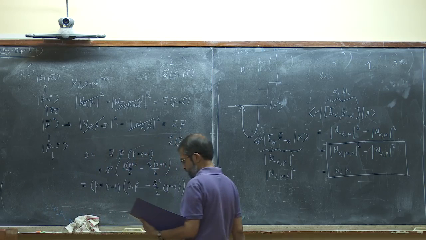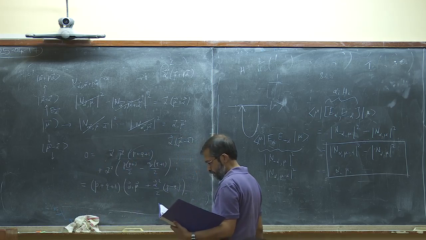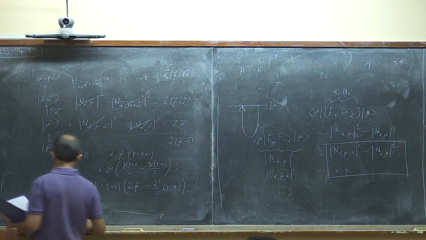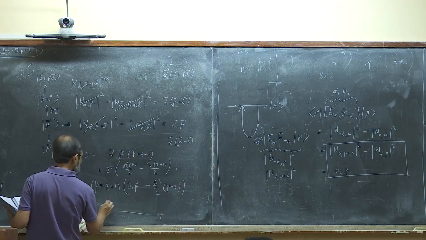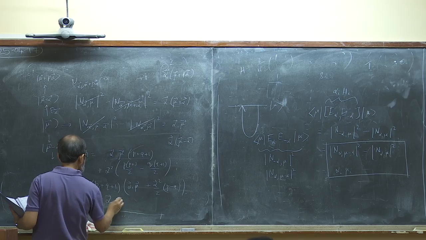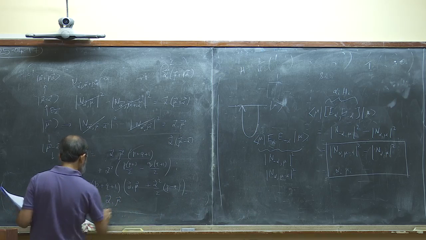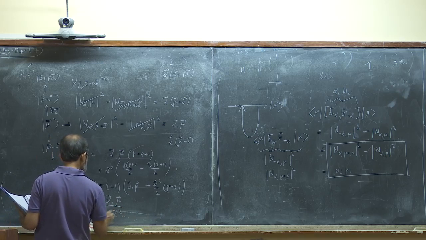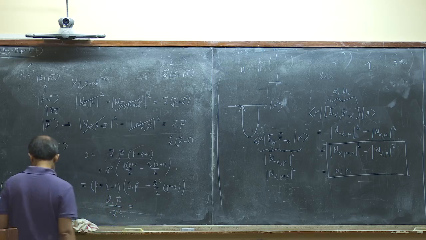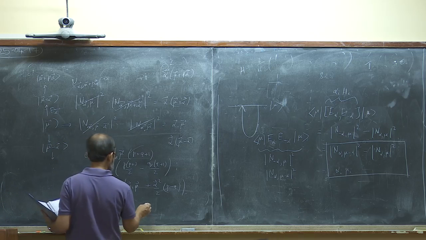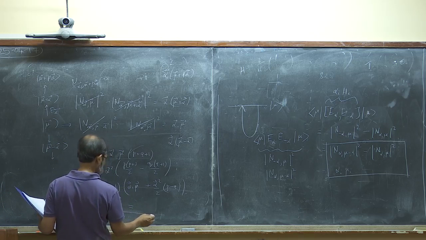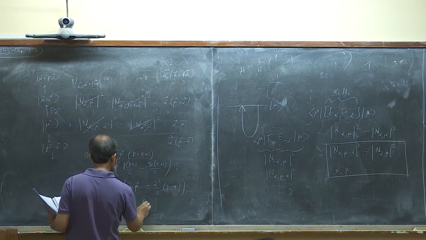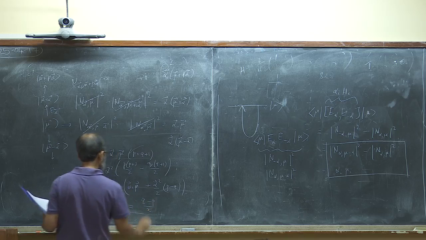Therefore, what you get is an important observation that alpha dot mu divided by alpha square is equal to q minus p by 2.